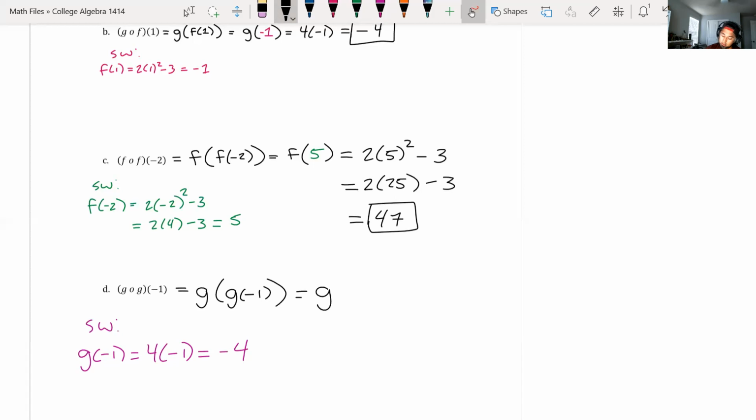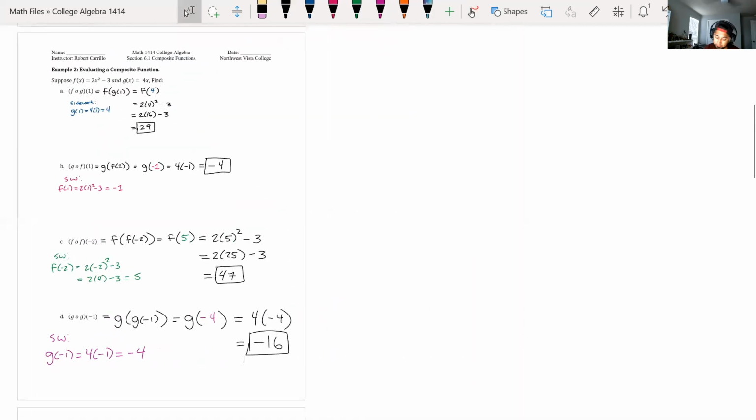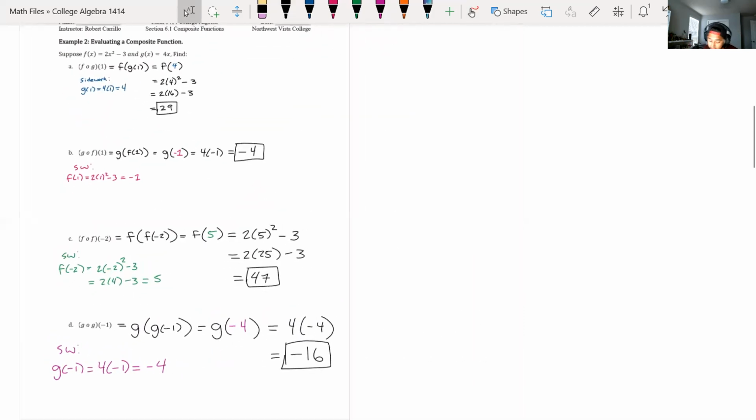So you'll get g of negative 4, which will then give us 4 times negative 4, and we'll get negative 16. And that is composing and evaluating at the same time. And once again, we are simplifying. All right, any questions on that page?